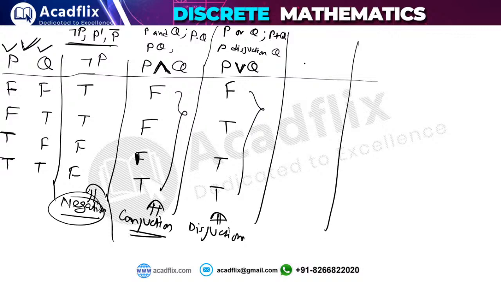The next connective that we will see is conditional implication. What is the symbol that we will use? We will use this symbol, p implies q. How do we read it? We read it like this, p implies q, or we can read it like this: if p then q.